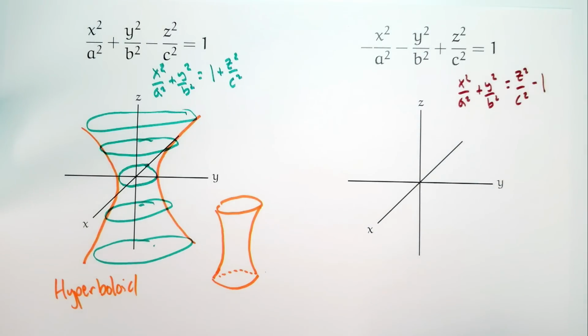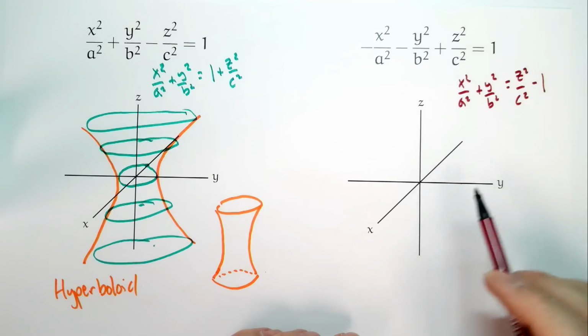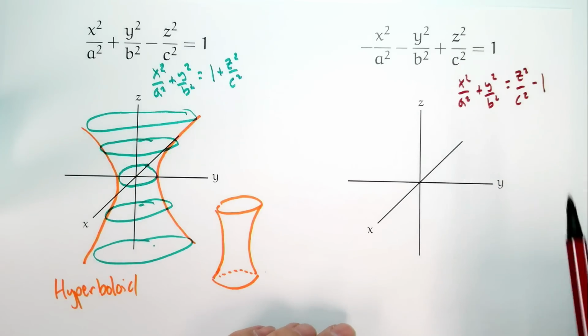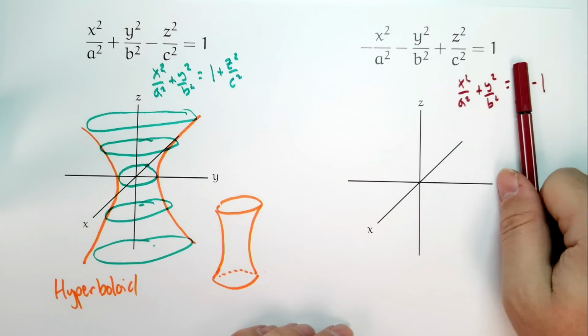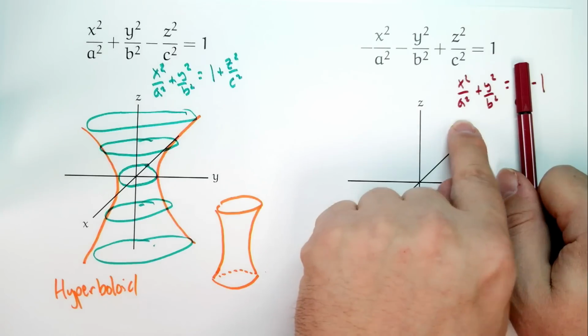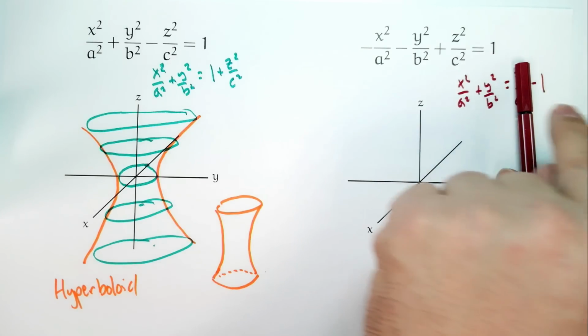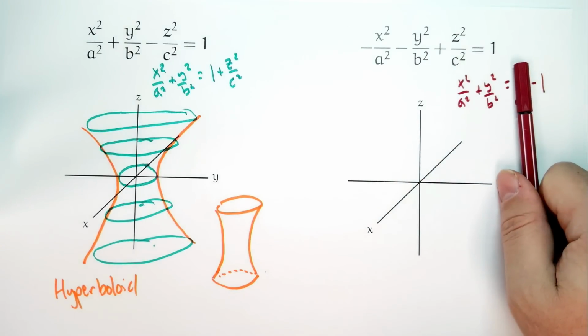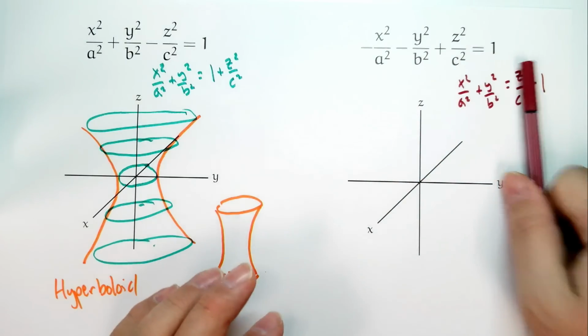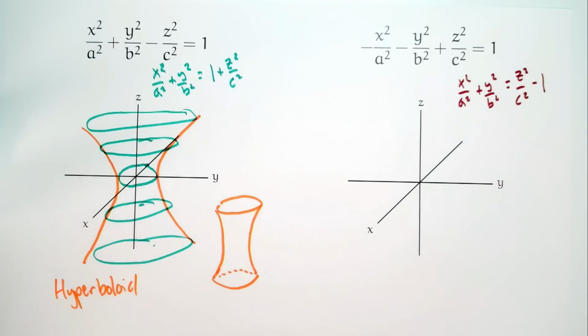Well, a lot. Notice in particular, suppose I set z equals 0. If I cover that up, x squared over a squared plus y squared over b squared equals negative 1. Not possible. You can't have things being squared and then added up and get a negative value. You have to end up with something which is at least 0.